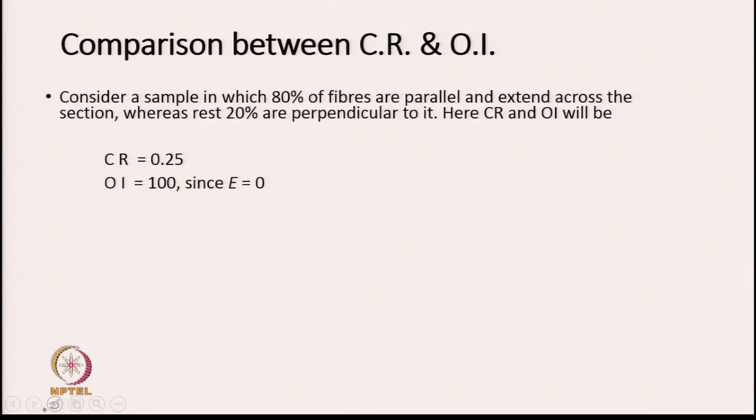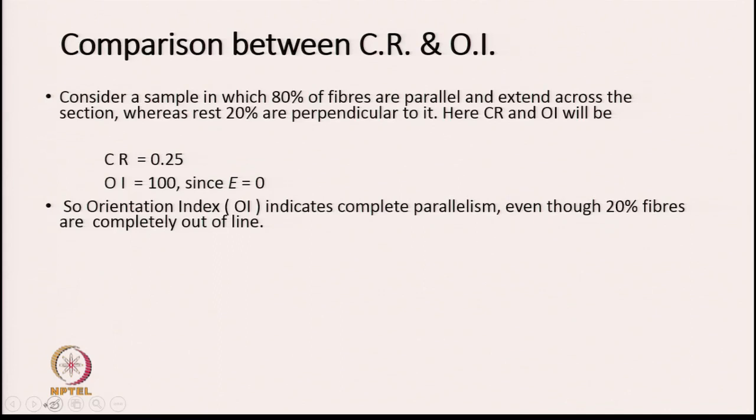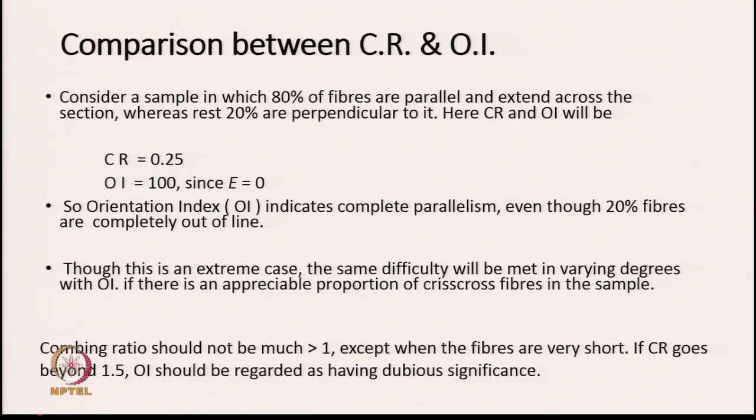Now, the comparison between these two indices, combing ratio and orientation index. Let us consider a sample in which 80% of fibers are parallel and extend across the section, whereas the rest 20% are perpendicular to it. Let us say there is a sliver in which 80% of fibers are parallel to each other, extending across the section, and only 20% are perpendicular to it.